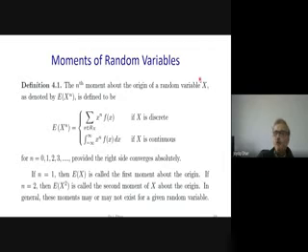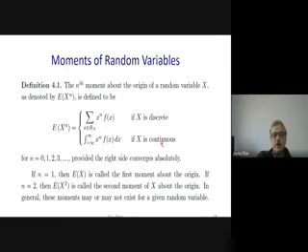So E of x to the power n, in the discrete case, is the sum of x to the power n into f(x). f(x) is nothing but our probability of x that we discussed earlier. So here f(x) is the probability distribution; instead of writing p(x), I'm writing it in terms of f(x), being general. And we have to sum over all the possible values of the random variable.